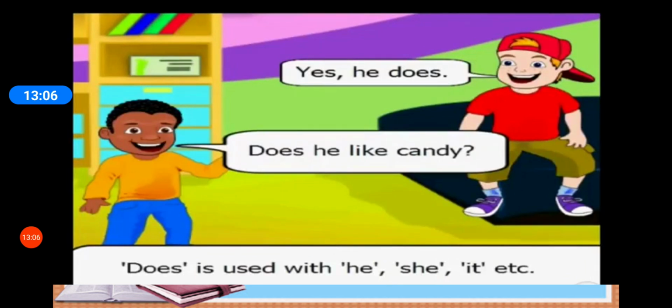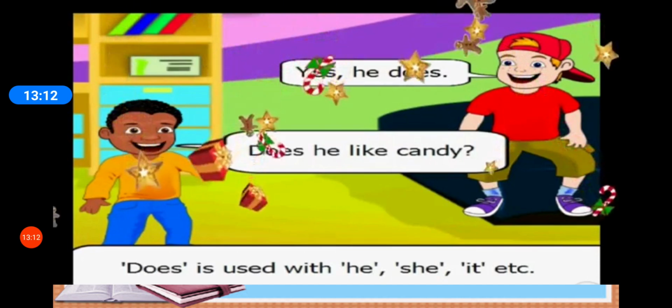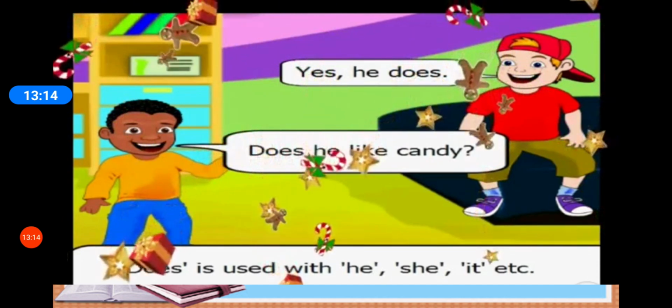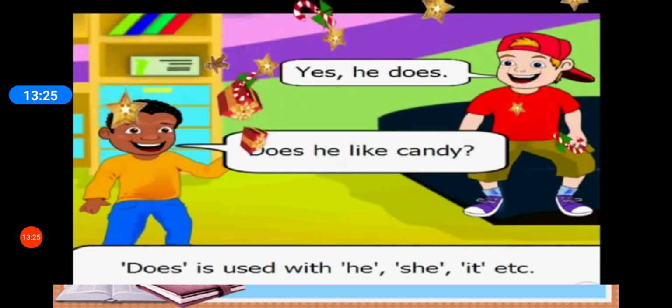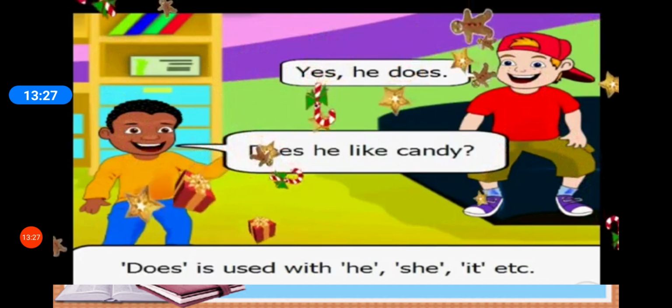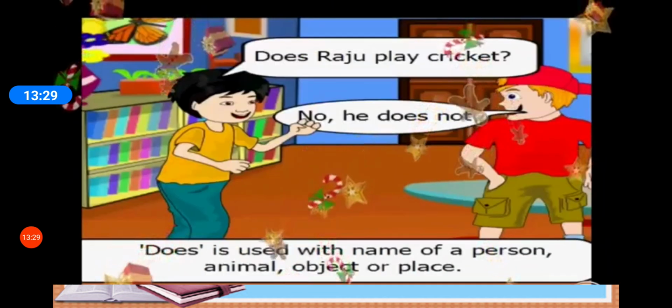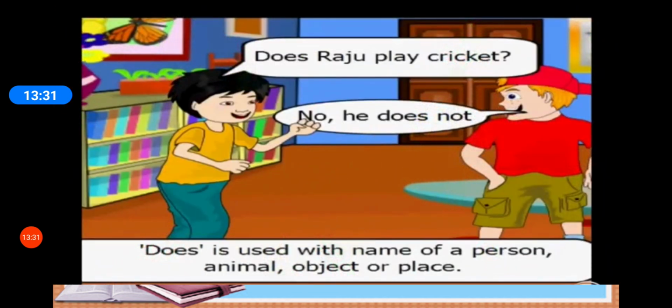Does he like candy? He likes candy. If we turn it into a question, we add does before it. Does he like candy? Yes, he does. Does is used with he, she, it, etc. Does Raju play cricket?